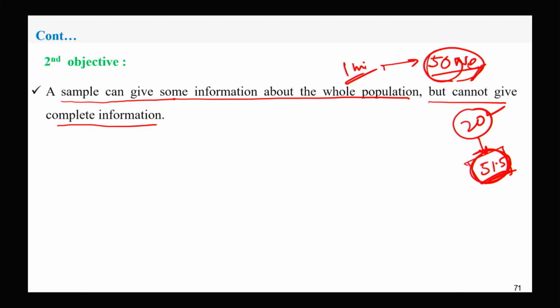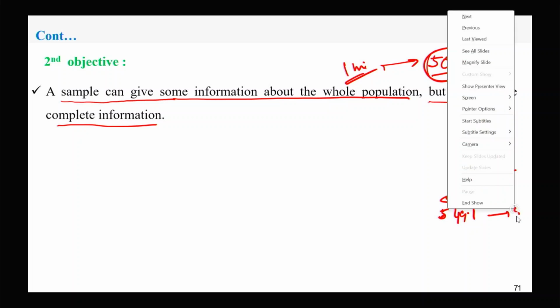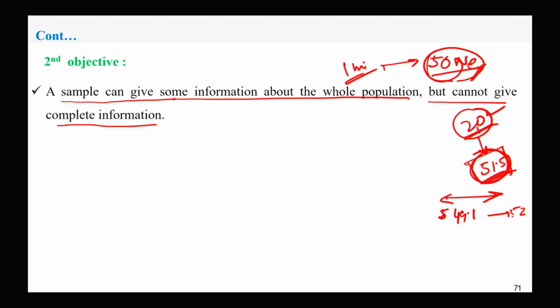So from the 20 sample, 20 bobbins, we have got 51.5, but through this sample analysis, we can get some range, maybe say 49.1 to say 52 point something, within this range.